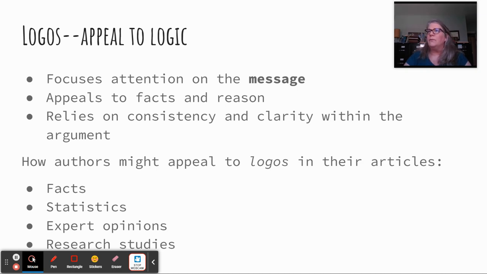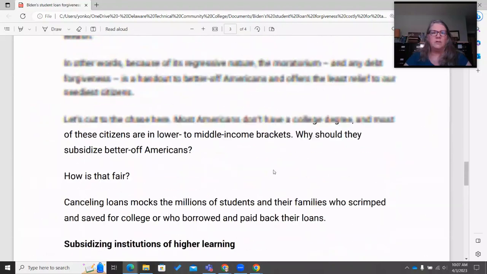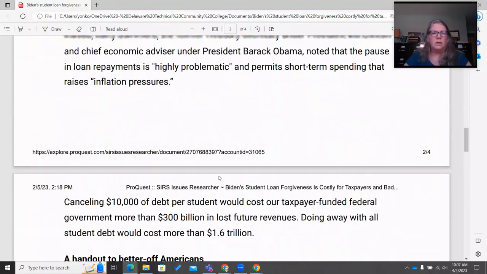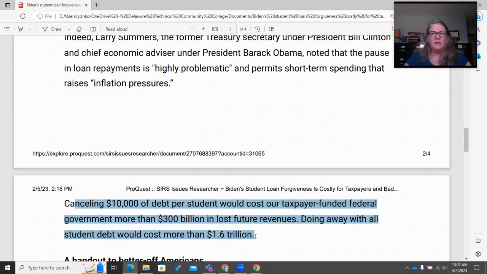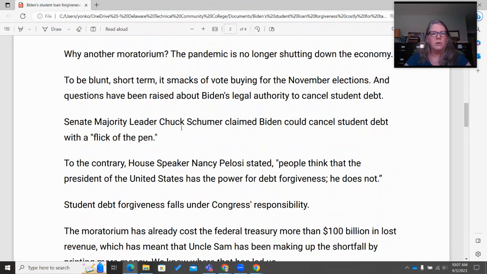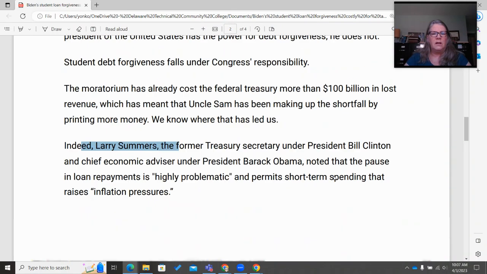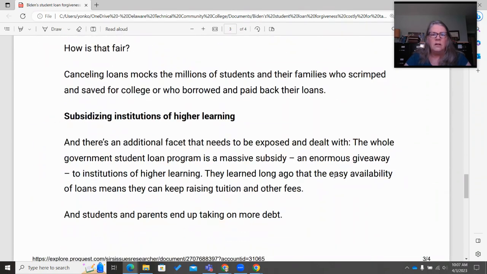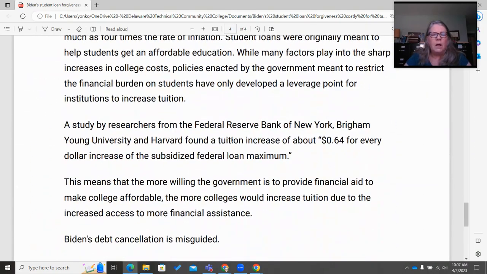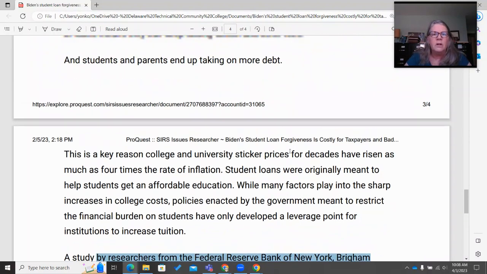So we did see some of that in the Forbes article. So where we see him appealing to logos, when he has this specific factual information here, when he has these expert testimonies from Chuck Schumer, Nancy Pelosi, and there's Larry Summers. He has a research study at the end from here, study by researchers, and we have some statistics or some factual evidence there, some numbers.